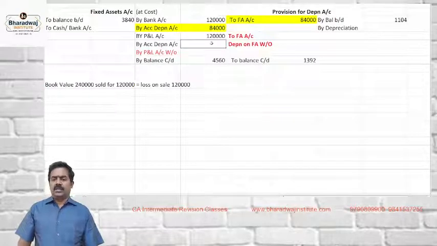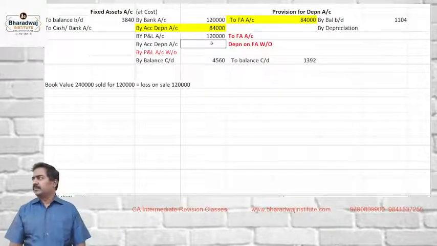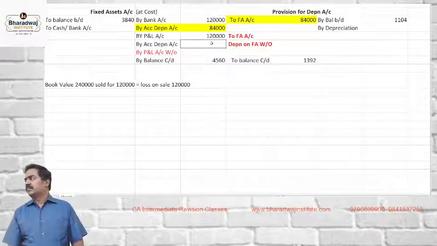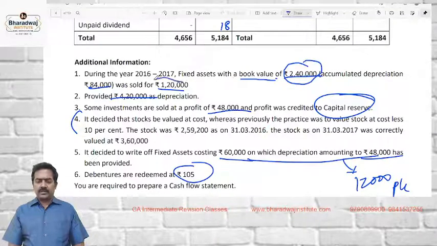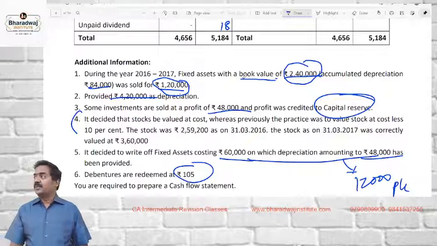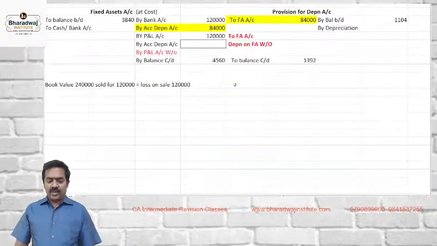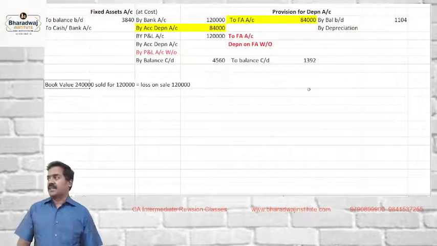Then, what about this accumulated depreciation? What is the book value of the asset? It is sold for. So what is the loss? Now what do you mean by book value? This 2,40,000 is not cost.